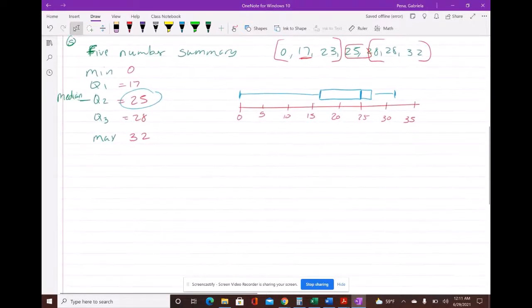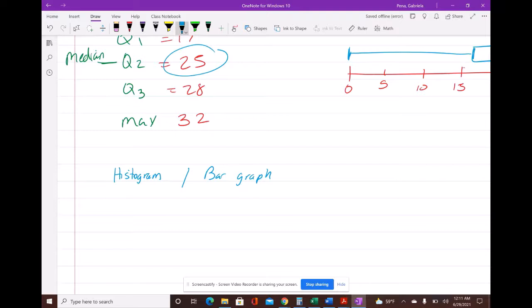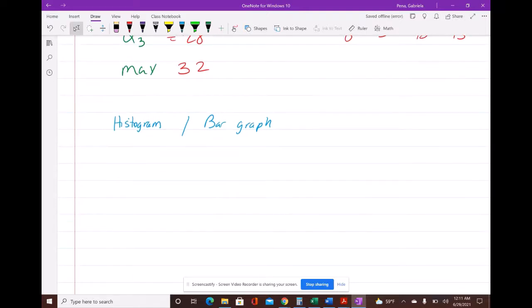Another thing that I saw while grading your first test is, do you understand the difference between a histogram and a bar graph? When they give you information, and most of y'all did the graphing perfectly, but it was just drawing the bars.